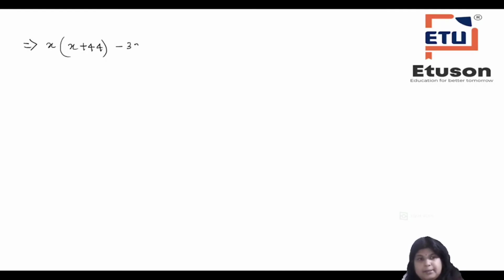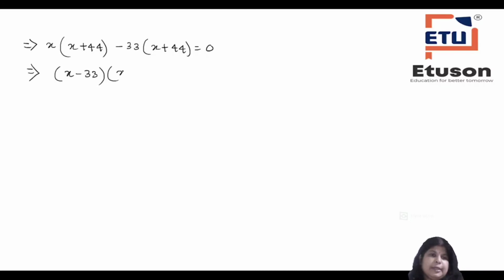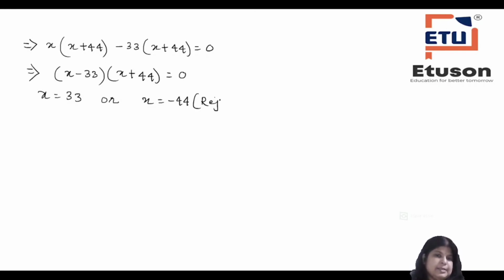Then taking minus 33 common, again you will have x plus 44 is equal to 0. So you are getting two factors, that is x minus 33 into x plus 44 is equal to 0. So from this x is equal to either 33 or x is equal to minus 44. So this has to be rejected as it is negative.